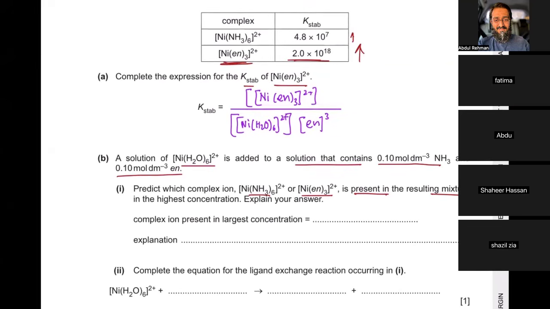So if it is more stable, it means it is going to be present in the solution. And the explanation will be very easy: it has a larger or higher K_stab value. Is it clear?